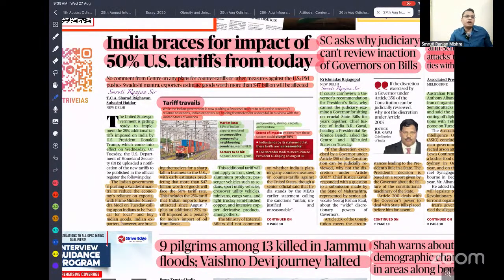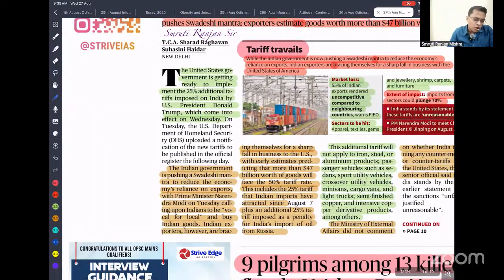For example, after the US tariff, we are looking at partnerships or trade relationships with Russia, China, Japan. So we are exploring that. Also, if you look at the long-term prospect, I think this tariff is going to be helpful for India, because it is going to push for free trade agreements and trade negotiations with other countries.